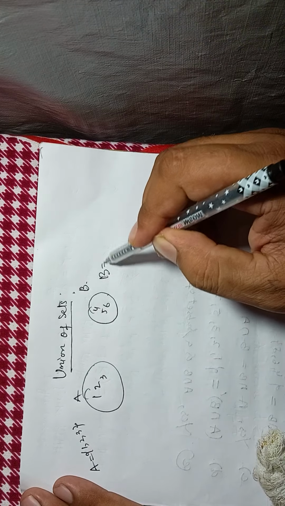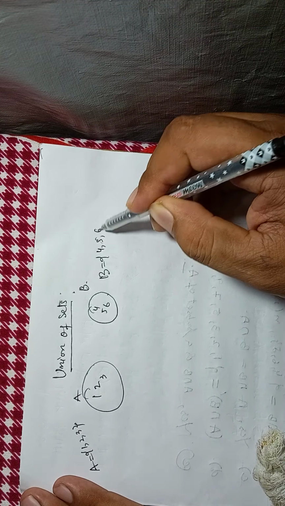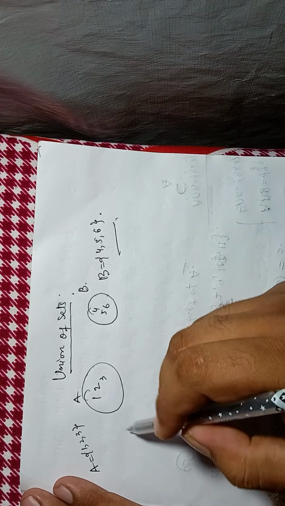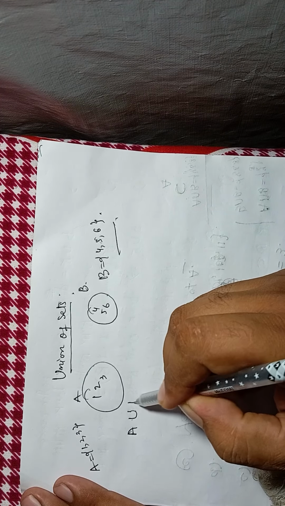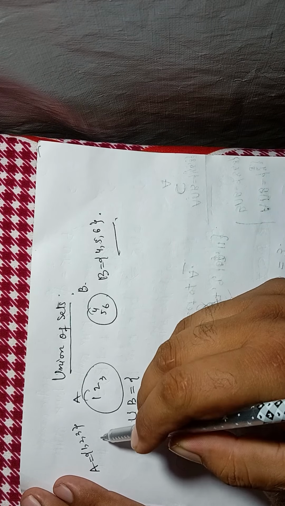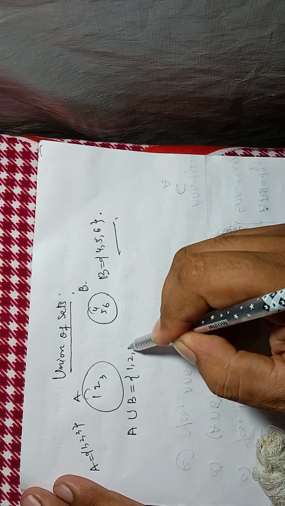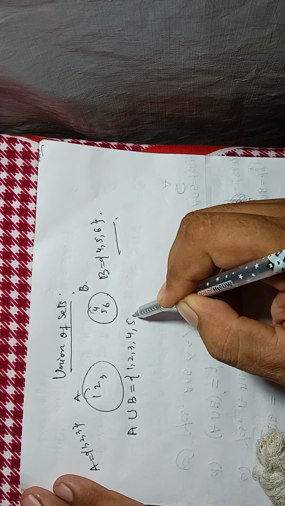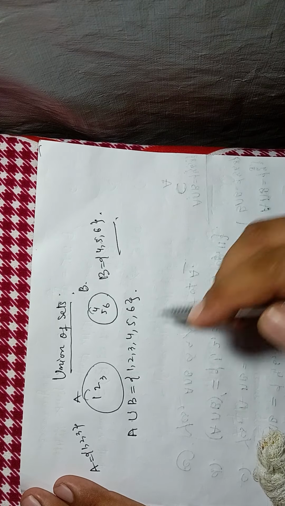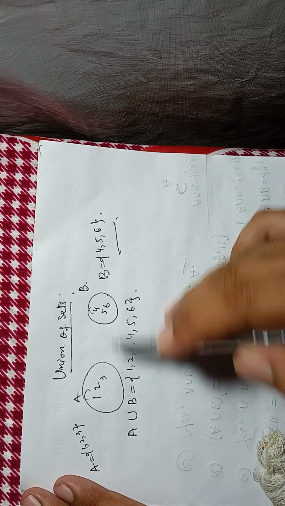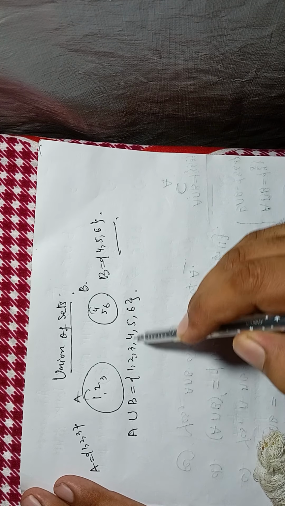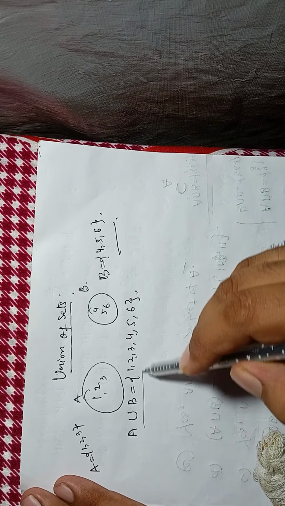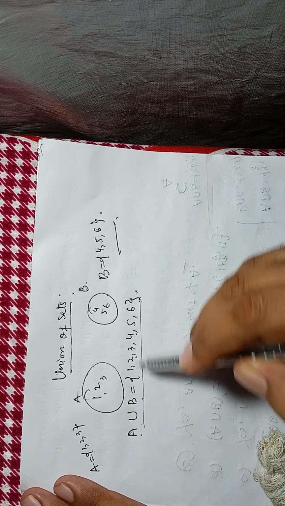In set B I have elements 4, 5, 6. What is the union of A and B? This is the symbol to write the union. A union B is equal to all the elements of A and B. That's 1, 2, 3, 4, 5, 6. So simply, the union is all the elements of A and B. This will form another set. This is called A union B.